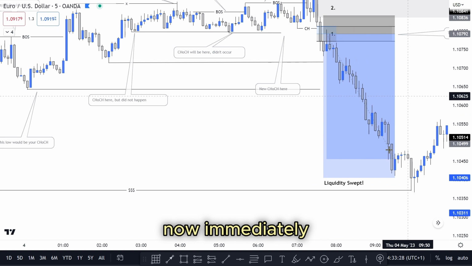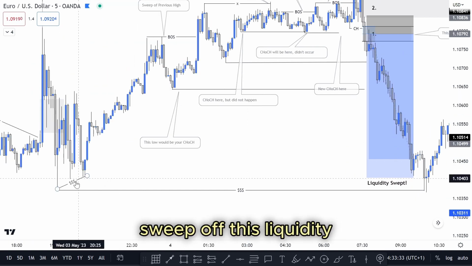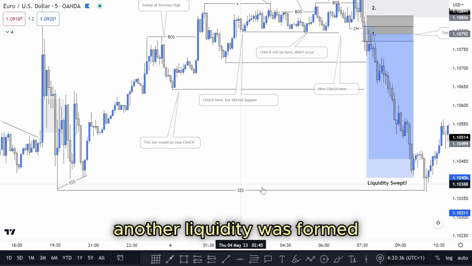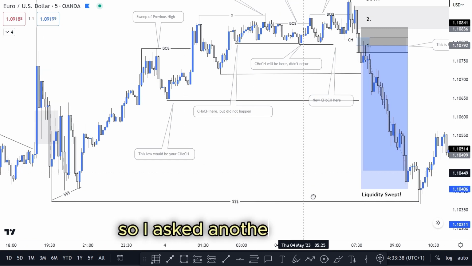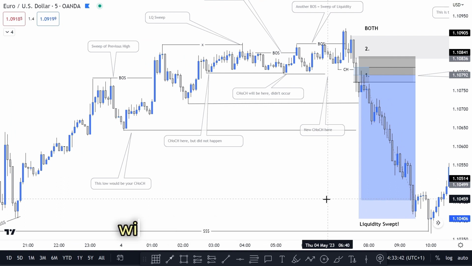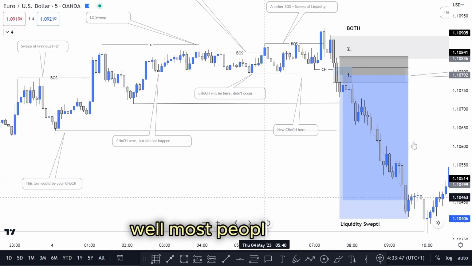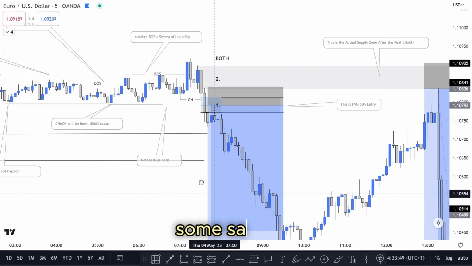Right now, immediately the price came down, what happened? There was actually a sweep of this liquidity, and at the same time another liquidity was formed right there. So I asked another question: will you pick number 2 as your point of interest? Well, most people said no, some said yes.